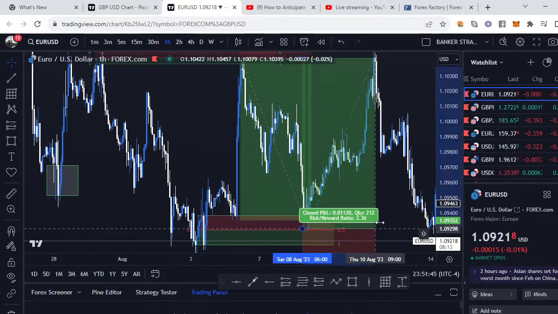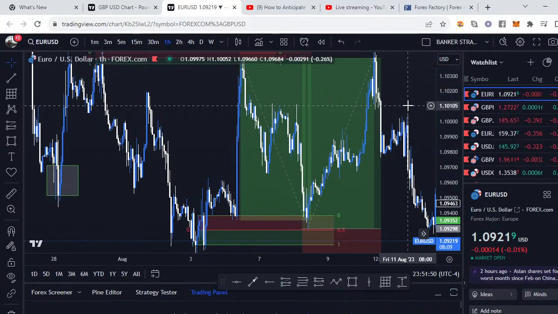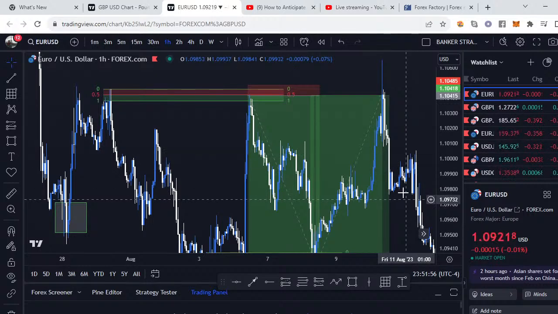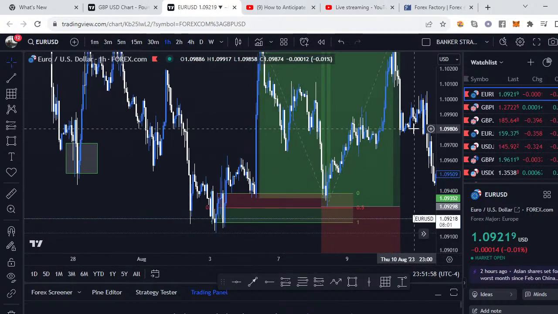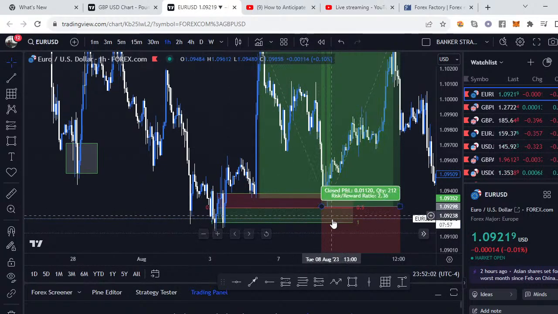And look, wow, you cleared that. You see how precise this is just by using the regular order blocks.